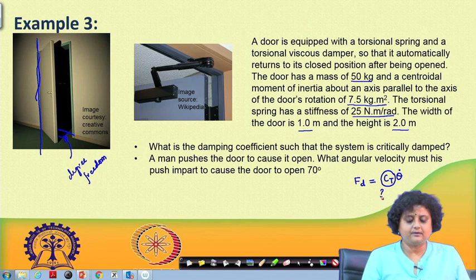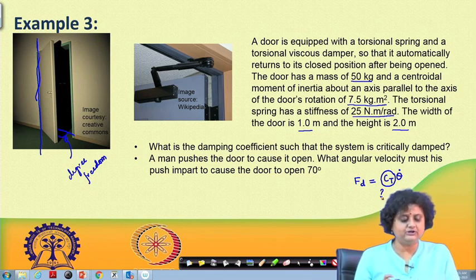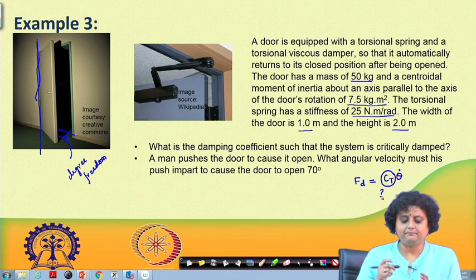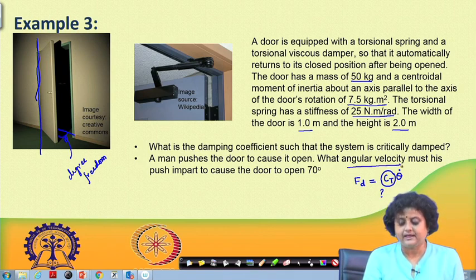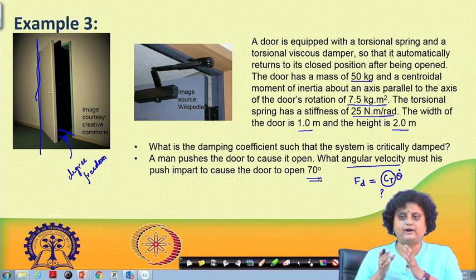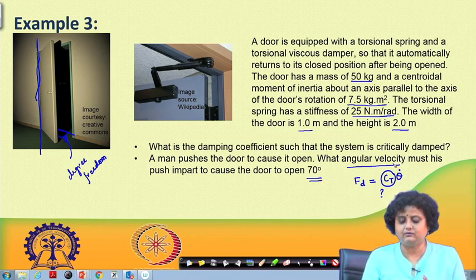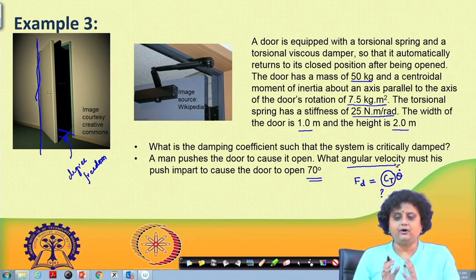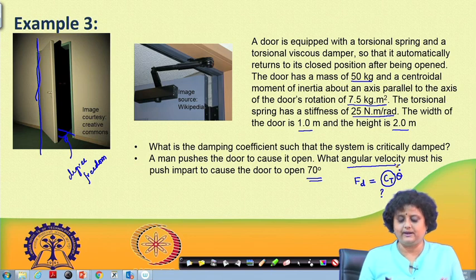The second part of the problem is that the door is initially closed, and now a man pushes the door with a certain angular velocity such that the door opens by 70 degree. Suppose a man is trying to enter through the door; he pushes it with a certain angular velocity, and because of this the door should at least open by 70 degree.